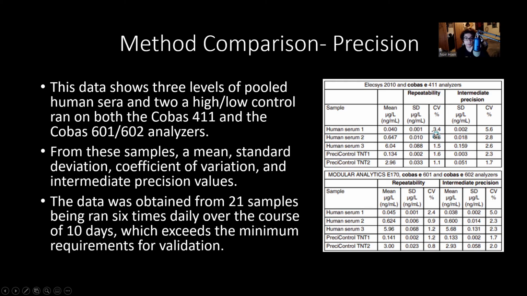That's just showing there was a low amount of variation between the results, which is good. You want low variation for high precision. And if you look at the 601/602, you got 0.045 and then 0.001 standard deviation with 2.4% CV. So very good. The results are almost the same, and they have a low CV, which is always good.